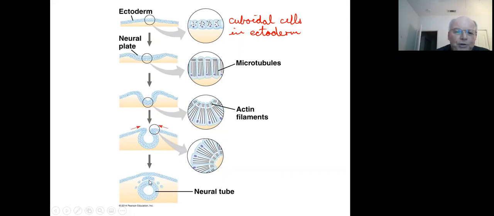Notice they're still cuboidal in shape. So the formation of the neural tube is nothing more than rearrangement of the cytoskeleton to create a tubular structure from cuboidal cells. It's all about rearrangement of the cytoskeleton.